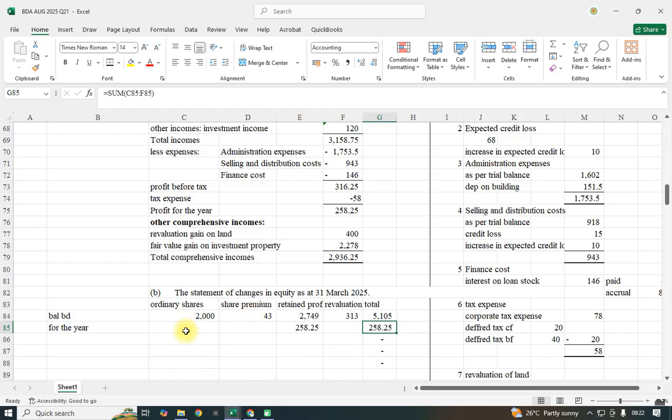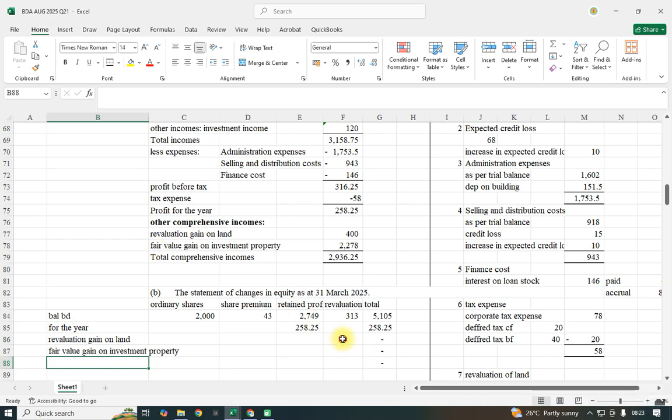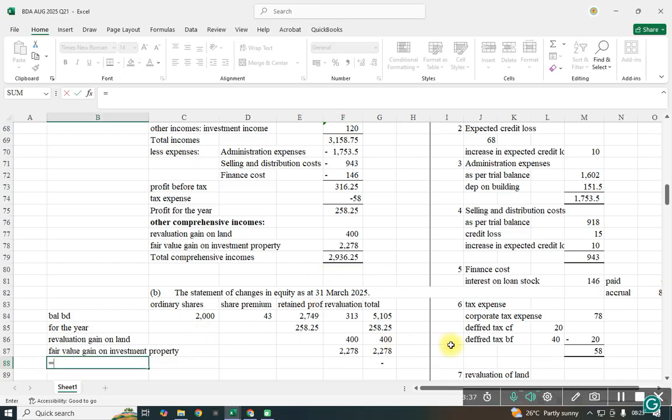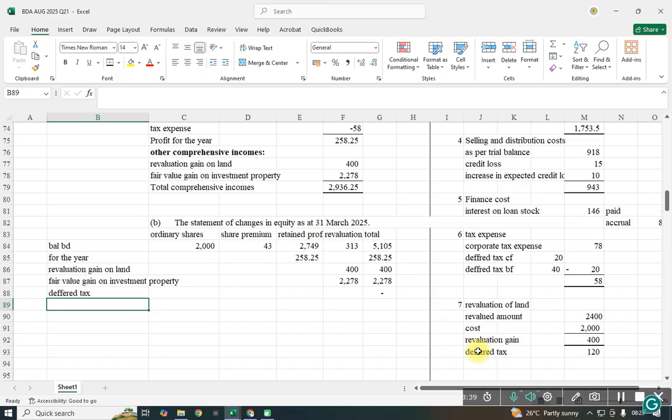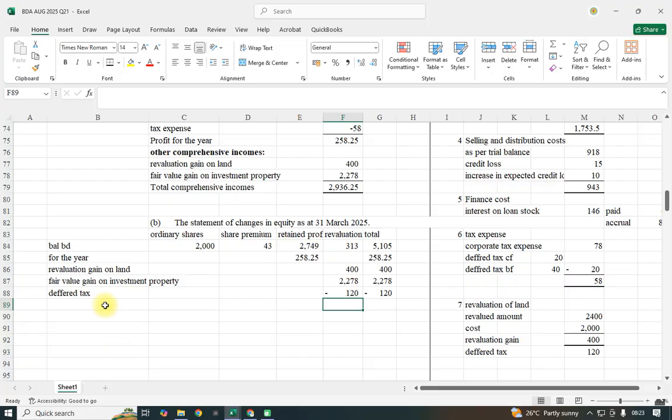And we have the revaluation, and just put them separately. Revaluation and the fair value gain, I'll put them both there. And I have deferred tax, so we shall eliminate these on land. It will affect the land, the deferred tax.